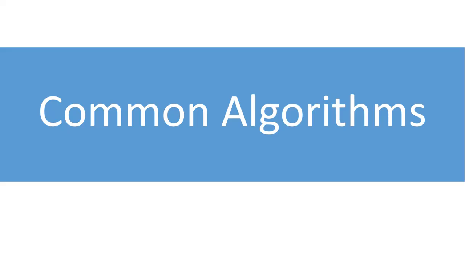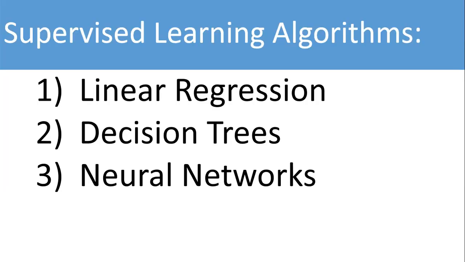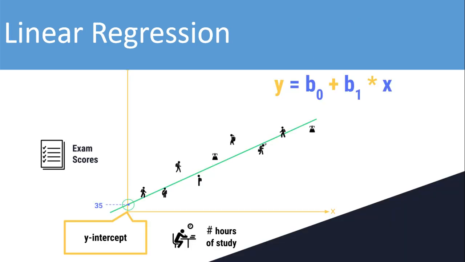Common algorithms used in machine learning. In supervised learning algorithms, we have linear regression, decision trees, neural networks.